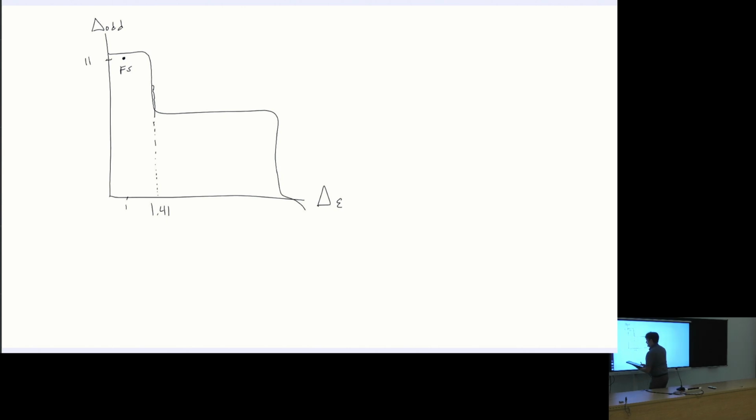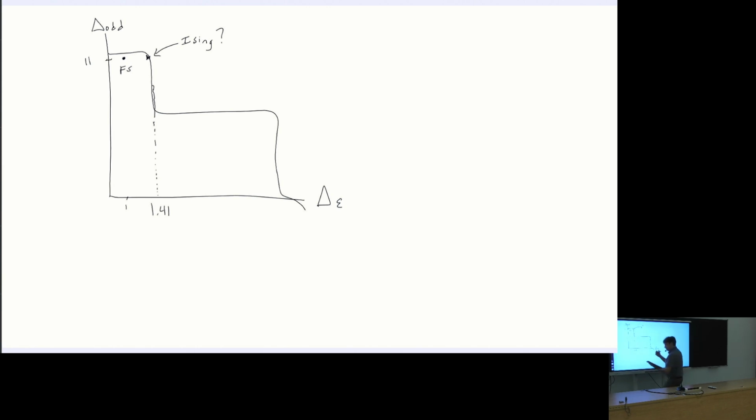And so that naturally led to a conjecture that maybe the Ising sits somewhere at the top of this jump. I'll put a question mark there. Okay, so that's a guess.